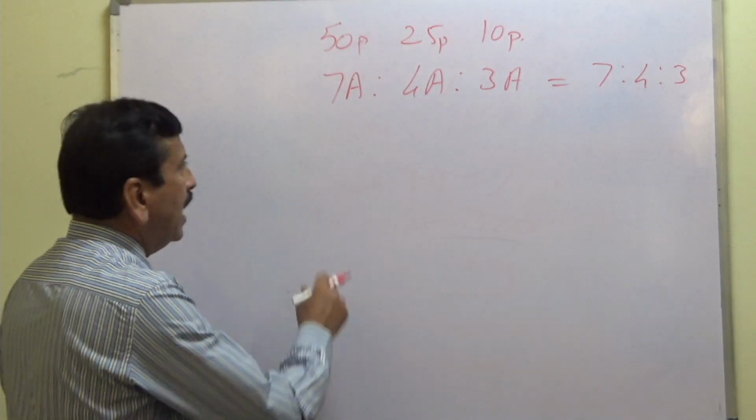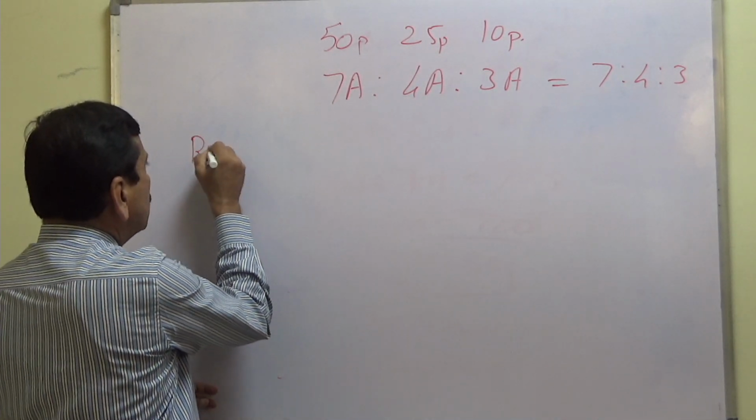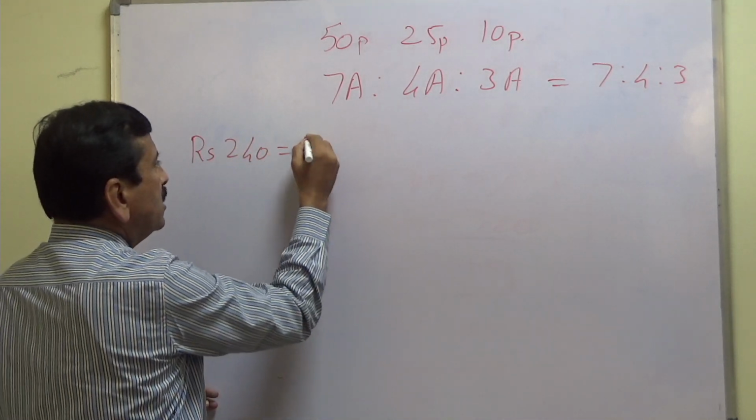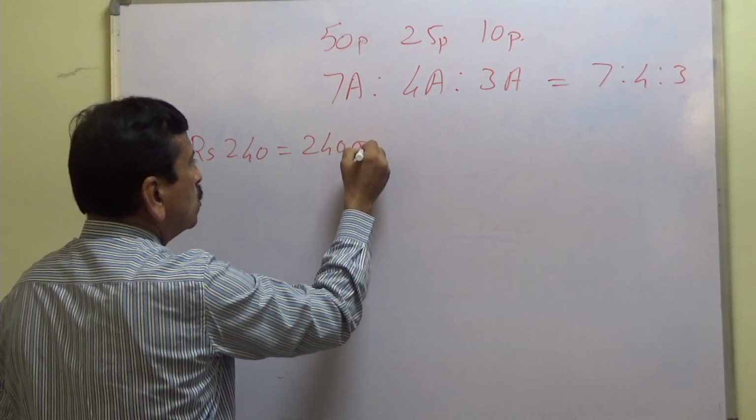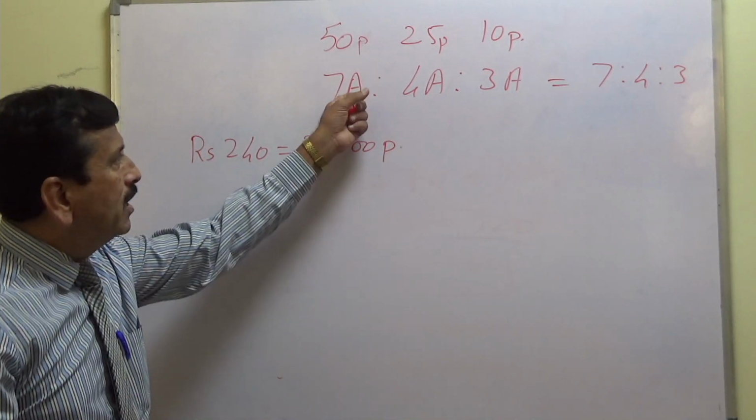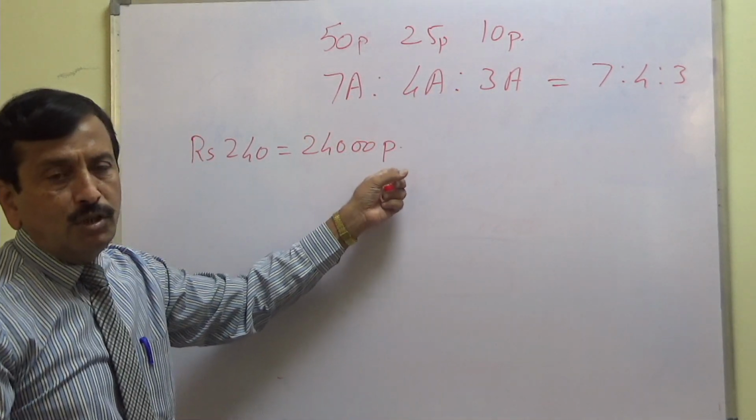Now it is further given that the total amount is rupees 240, which is equal to 24000 paise. Because all these are in paise, I have to convert this into paise.